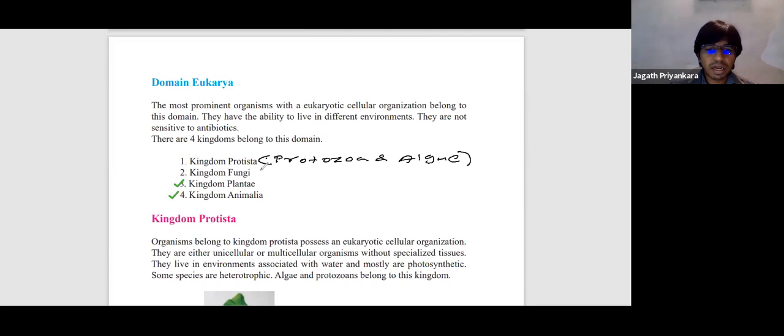Then kingdom Fungi, you get microorganisms. So these are the 2 groups. These 2, you can put number 1 and 2. Number 1 and 2, you get microorganisms.